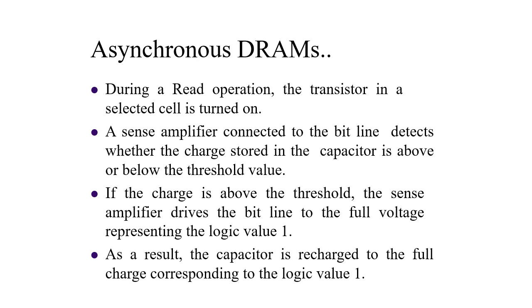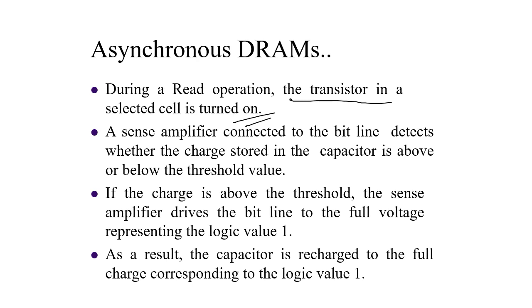the transistor in the selected cell is turned on, as I mentioned in our previous slide. There, the bit line is connected to the sense amplifier. The sense amplifier connected to the bit line detects whether the charge stored in the capacitor is above or below the threshold value. If the charge is above the threshold, the sense amplifier drives the bit line to the full voltage representing logic 1.